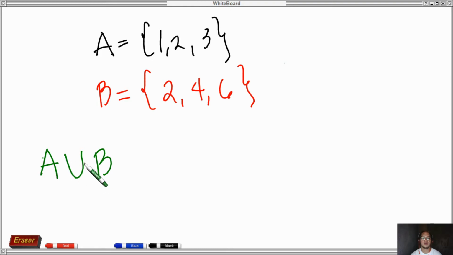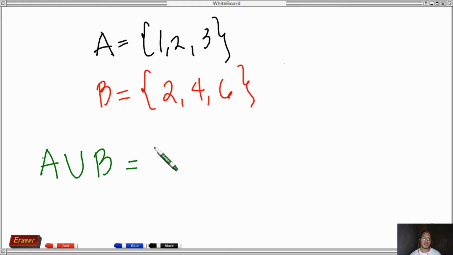It is not actually a capital U, but a symbol somewhat the same as the letter U. So A union B is the notation for the union of two sets A and B. Then it is equal to, notice that set A has 1, 2, and 3, and set B has 2, 4, and 6. The union of sets means you are going to combine the elements, right? So we have 1, 2, and 3, and we combine it with 2, 4, and 6.